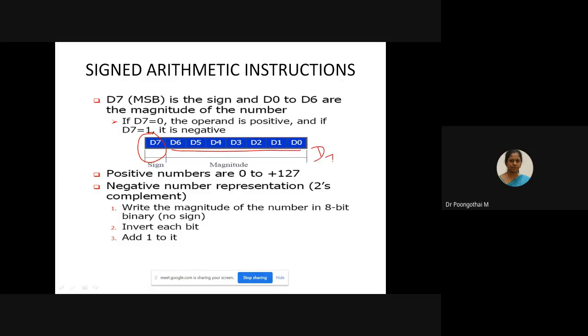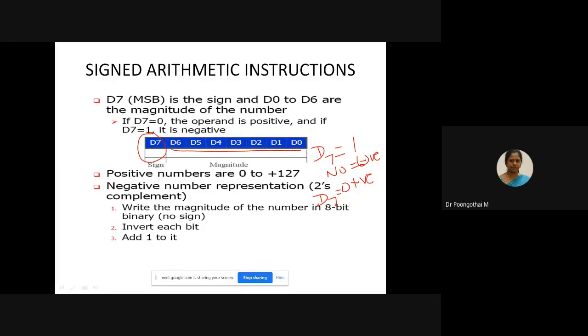When D7 is equal to 1, the number is negative. Otherwise, when D7 is 0, the given number is positive. If D7 is 0, the operand is positive; if D7 is 1, it is a negative number.